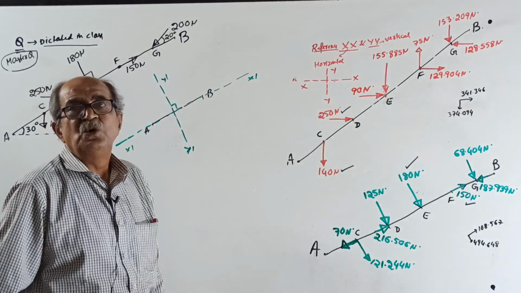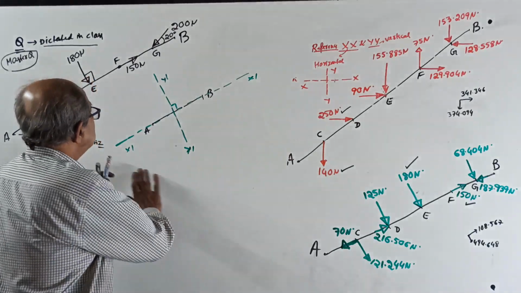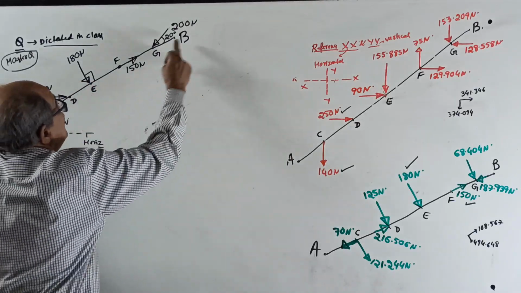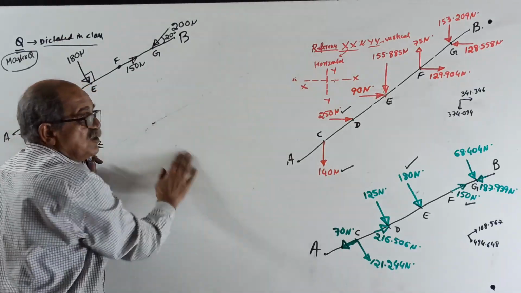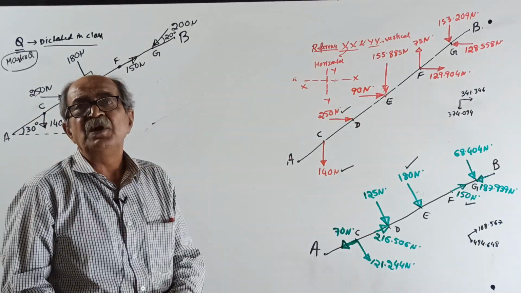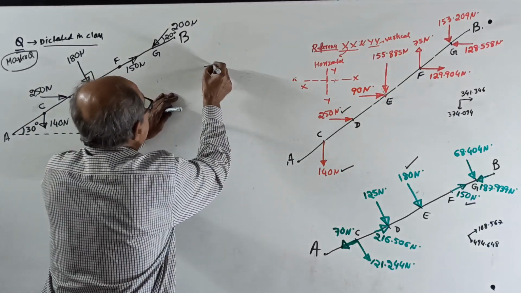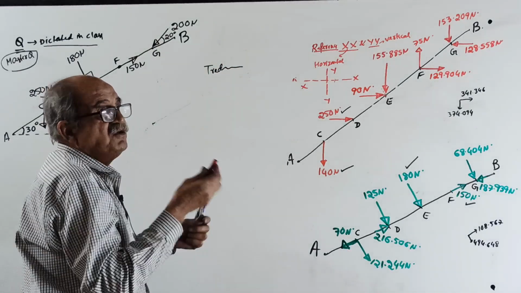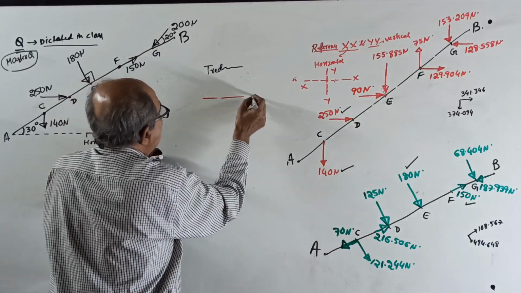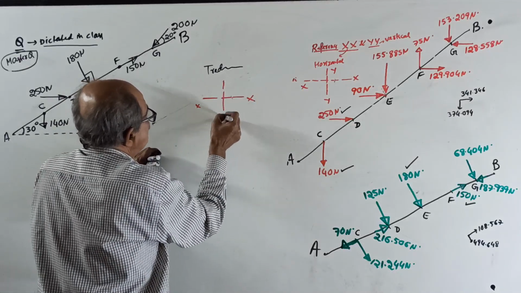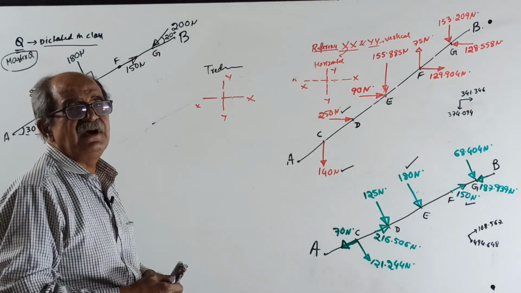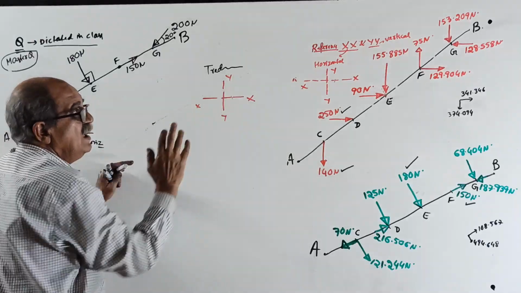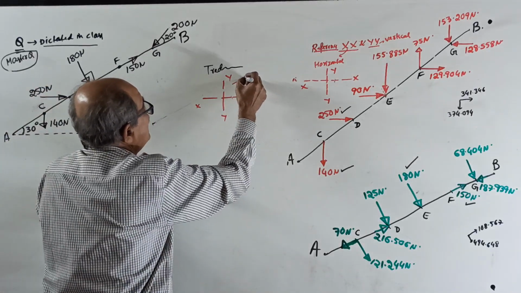Now, write a note. We will do 2-time resolution. First, we will not resolve along AB and perpendicular. Make a note. You should write it. First, we will go to our traditional XX, YY. I use red color, where XX is horizontal, YY is vertical. Somebody may ask, sir, in the question you told along the plane and perpendicular to the plane, why are you doing this? This is only for understanding.